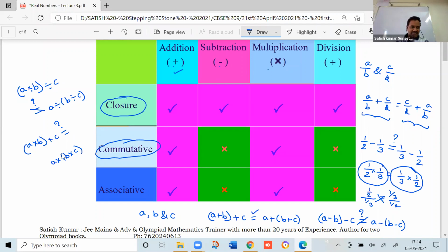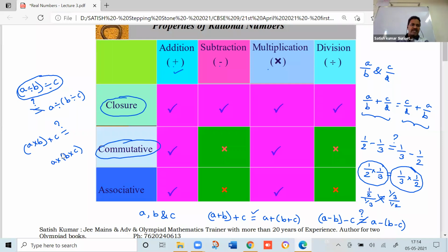Here, when I write A divided by B divided by C, we should write it as A divided by B, again divided by C, means it will be 1 upon C. That is A upon BC. That is the left side.